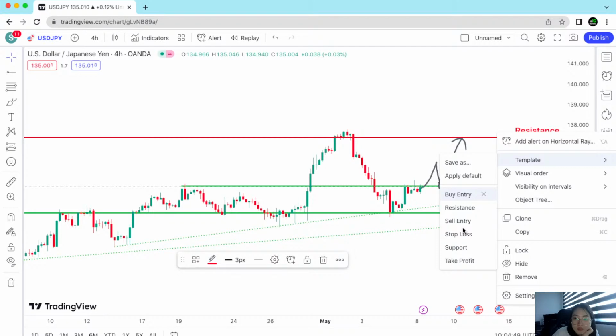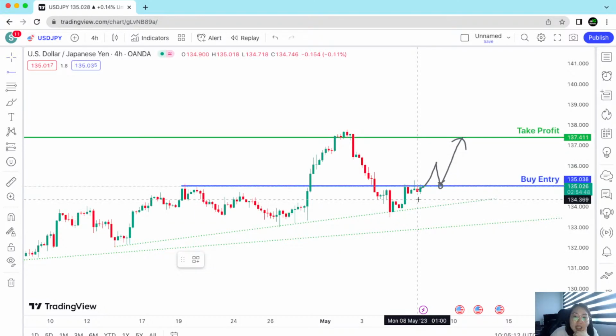This is what I do not like. Why I don't like to play breakouts is because I wouldn't be able to find the best stop loss.